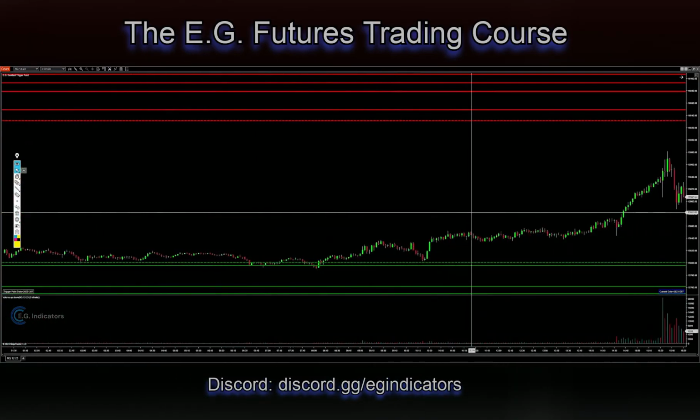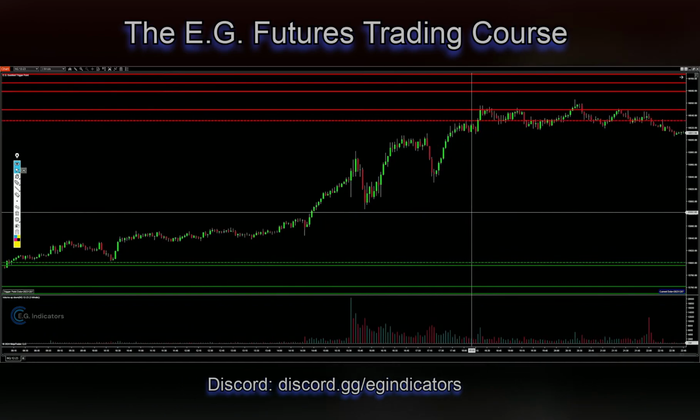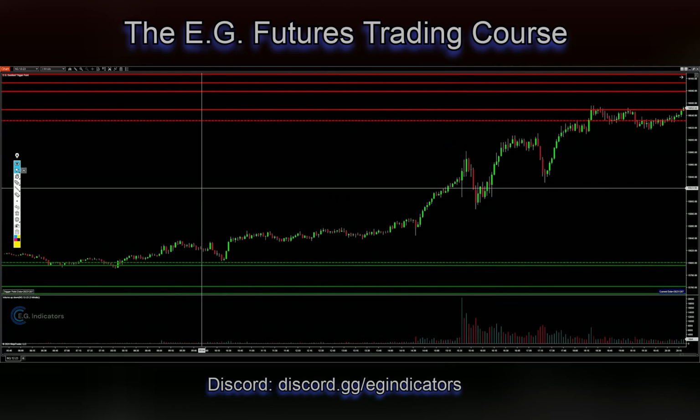It's like anything, never a sure thing. And we can see that here when we look at price on the next day. So with that, there's a basic overview of what the trigger points are. Now, we're going to get into the most effective ways to use them and how to view them intraday for the purpose of trading.